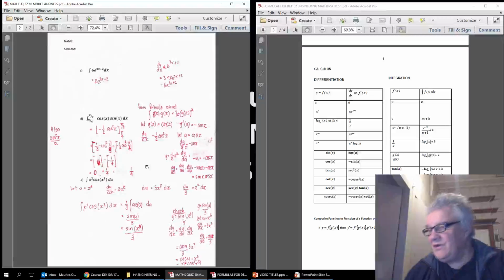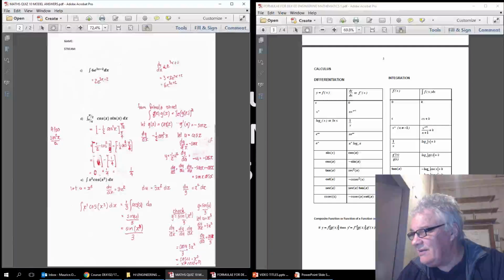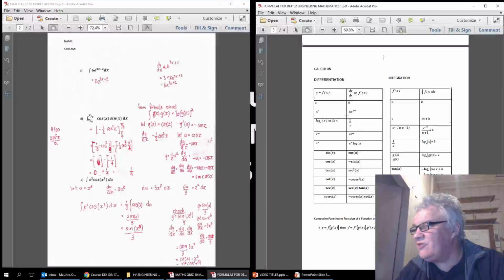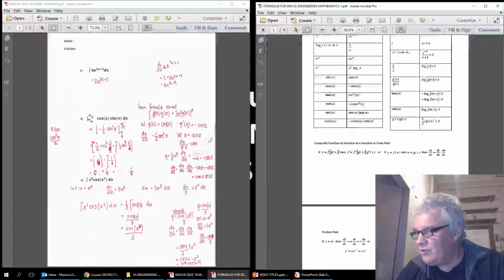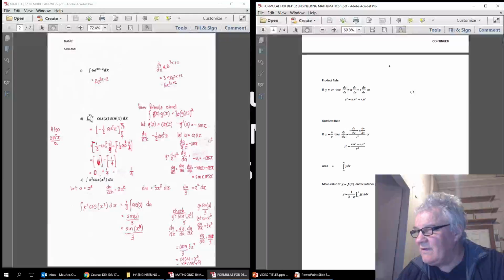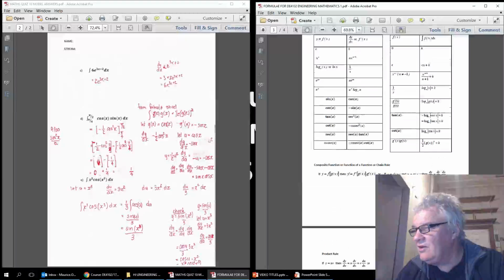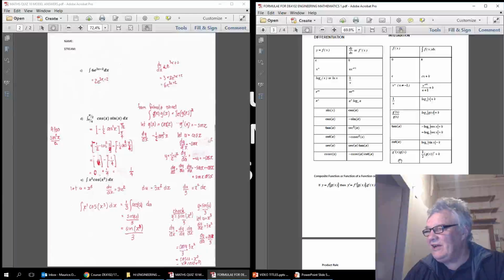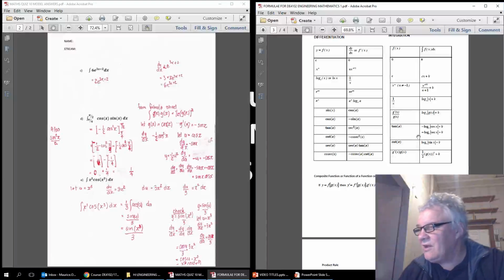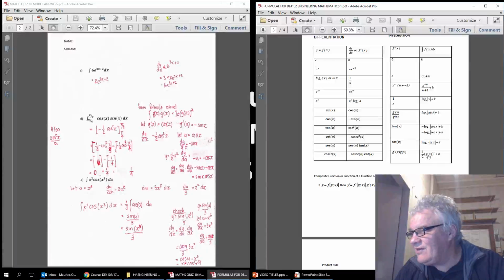Now, if we look over on the formula sheet, we'll see in here it is, that if the function is a function times its derivative, then the integral is a half times the function squared.